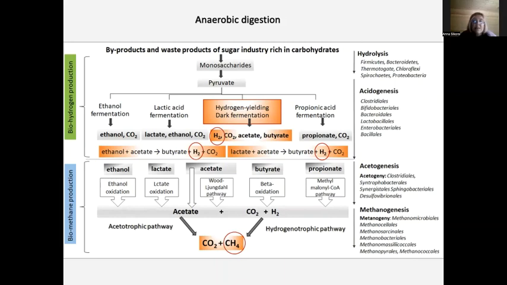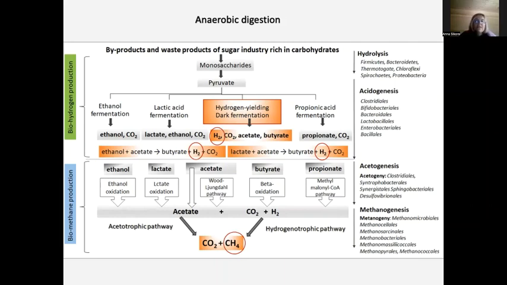The second step is acidogenesis. The third step is acetogenesis, and the fourth, methanogenesis. As you know, the final product of anaerobic digestion is biogas containing methane, which is used by man as an energy source. However, it should be emphasized that during acidogenesis, hydrogen-yielding processes occur.